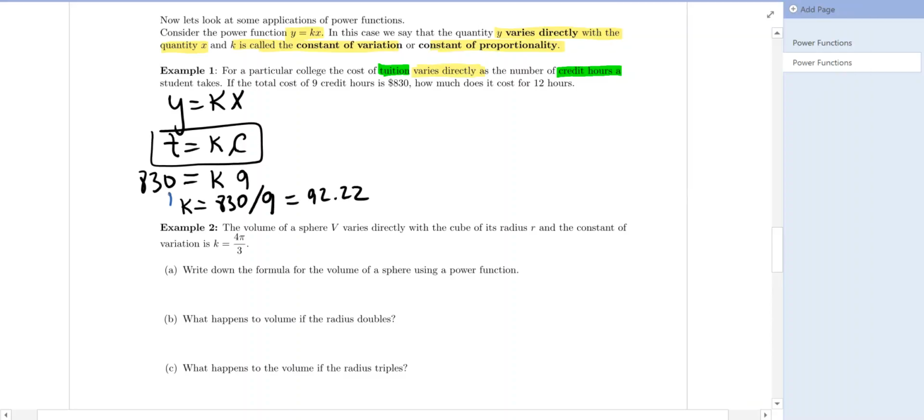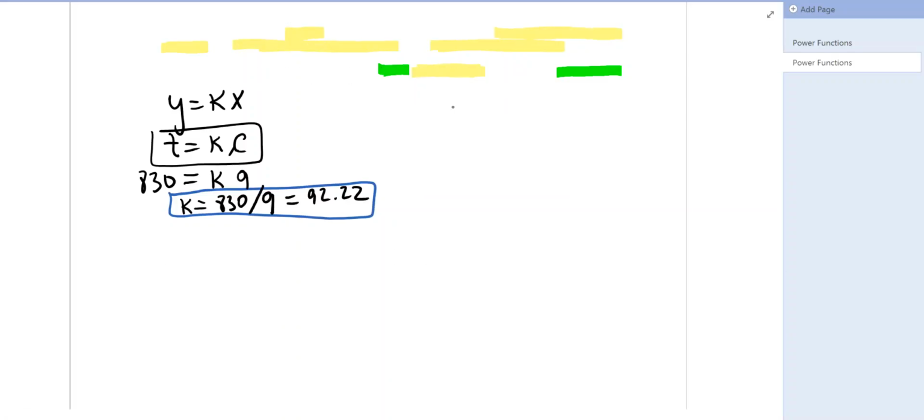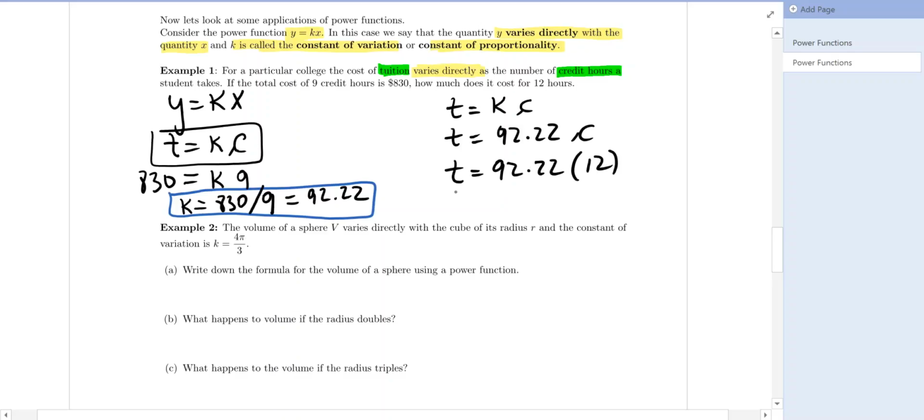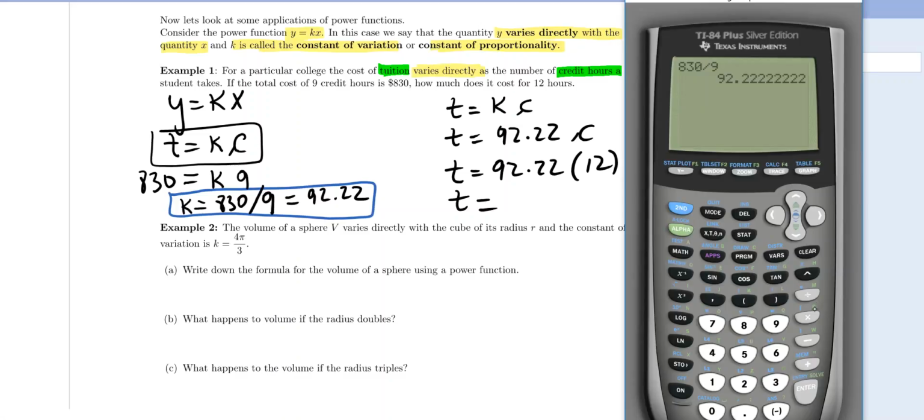Okay, so now you can answer the question. How much does it cost for 12 hours? Then you copy your formula again with the right variables. So T equals k times C, but you just found that k is 92.22, so T equals 92.22 times C. The cost of tuition for 12 hours is going to be 92.22 times 12.